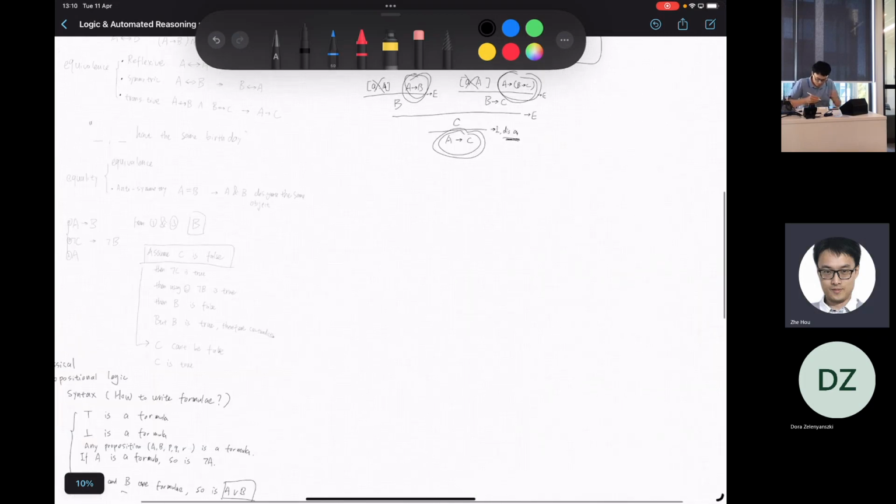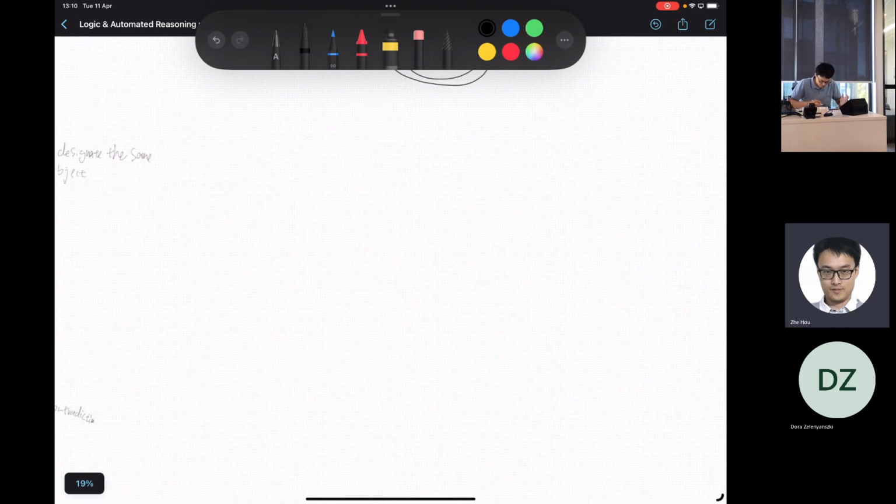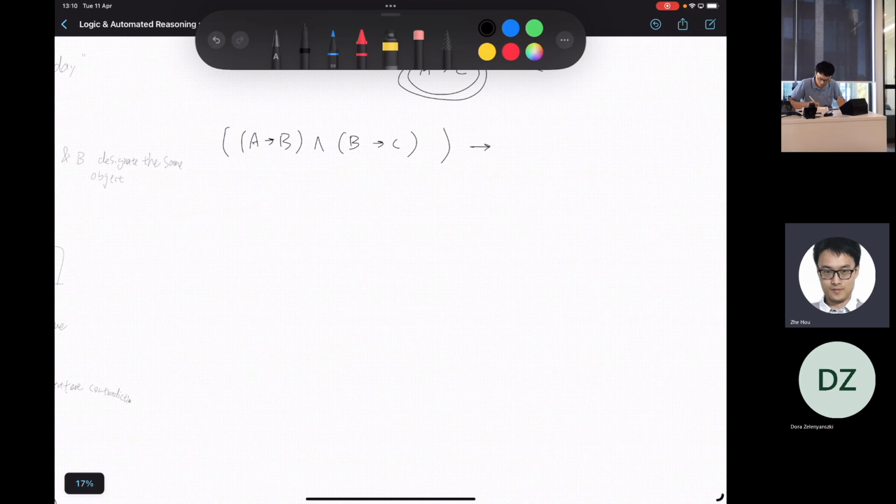So what we want to prove is A implies B and B implies C. Okay, so these two things combined imply A implies C.